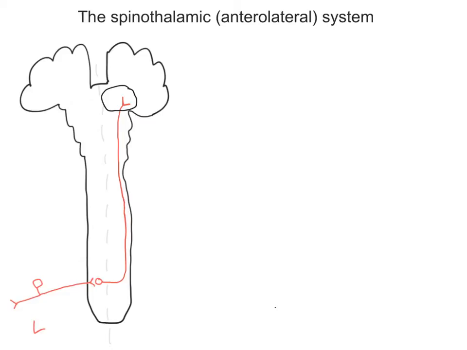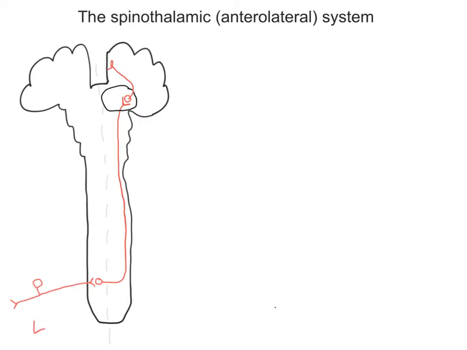It synapses on a third order neuron. Oops, we'll make sure that we retain the same colour. It synapses upon a third order neuron. And this third order neuron, being one receiving information about the lower half of the body, projects to the medial part of the primary sensory cortex.